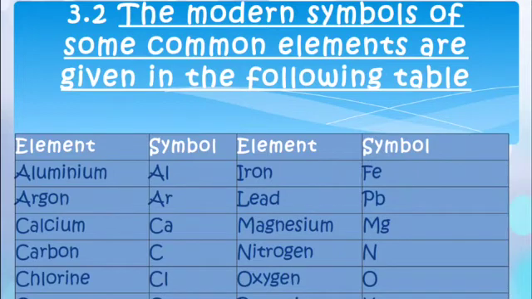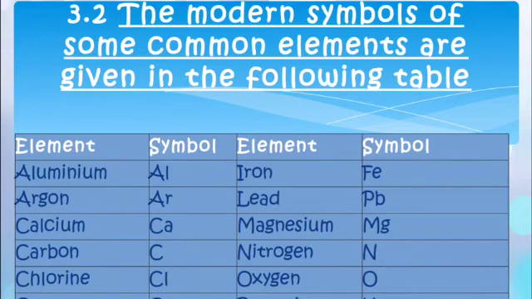I told you when we discussed the first 20 elements that while writing the symbols of the elements, it may be the first and the second letter, or it may be the first letter, or the second letter may be from in between the name of the element. Further, the other letter added may be a letter from the Latin name of the element.